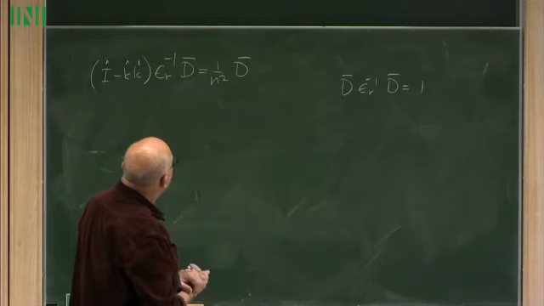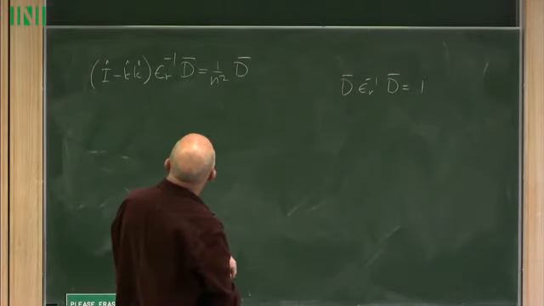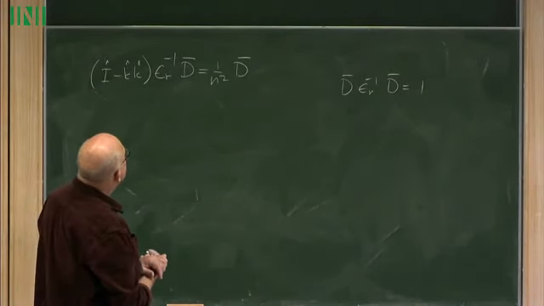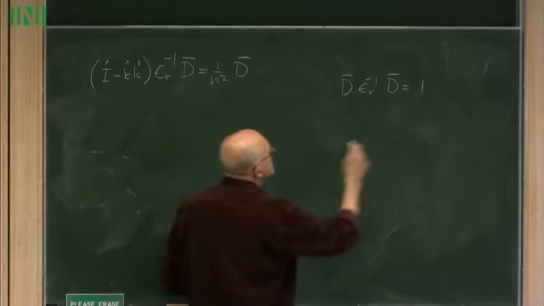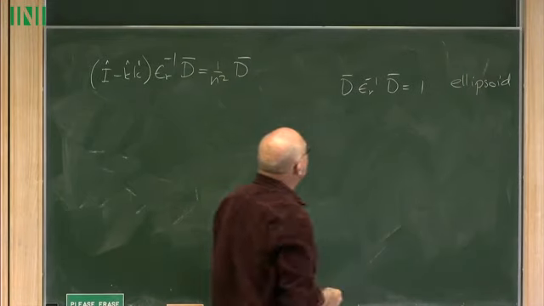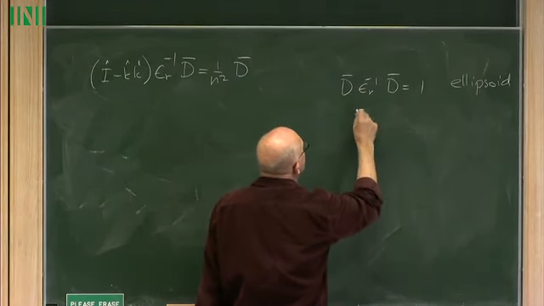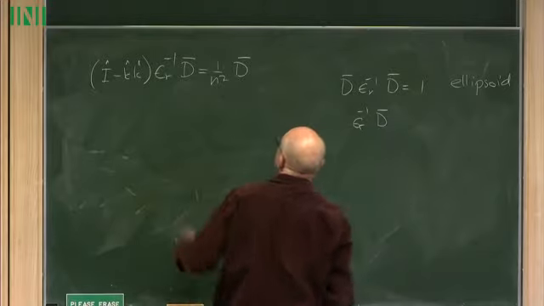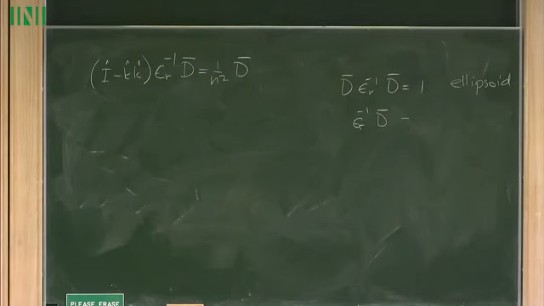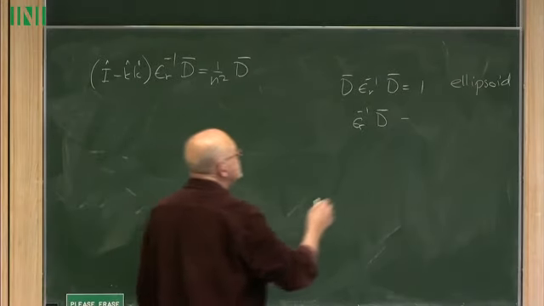So what we learn here is that this is an ellipsoid, and then epsilon r inverse times D, which is really what I have here, what is that? If I have r matrix r equals something, take the gradient, I get the normal. So this is just the normal to the ellipsoid.